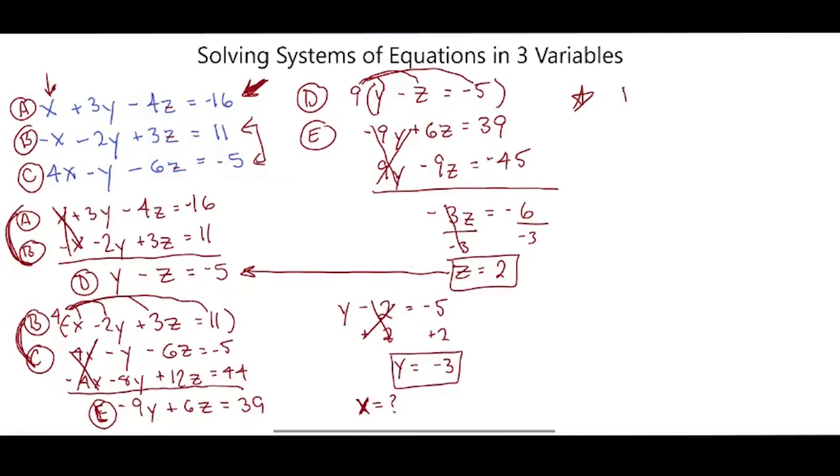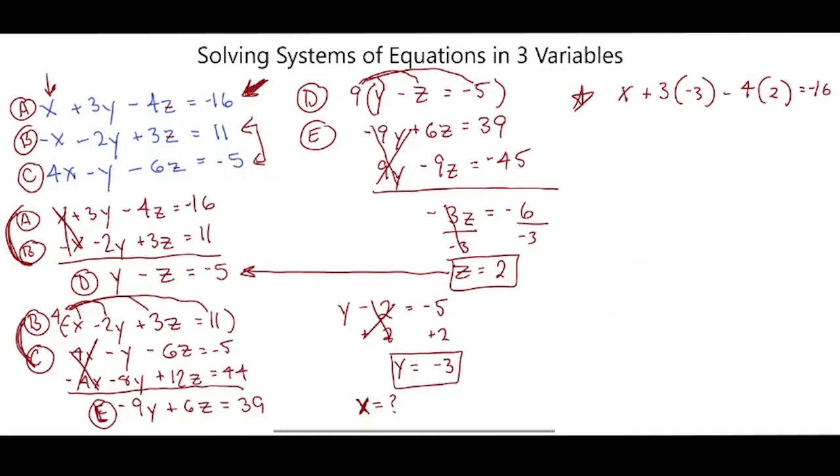So now I have x plus 3 times negative 3 minus 4 times 2 equals negative 16.